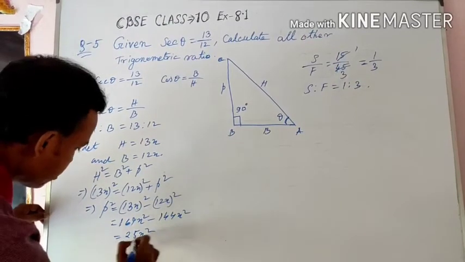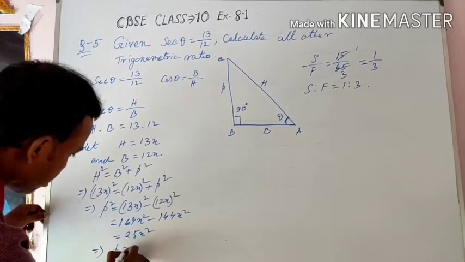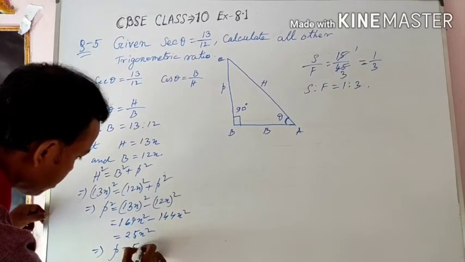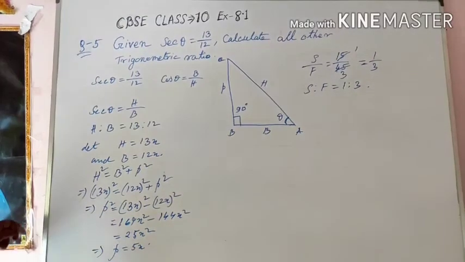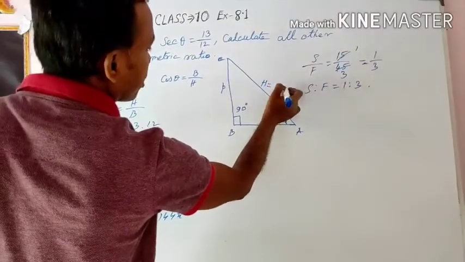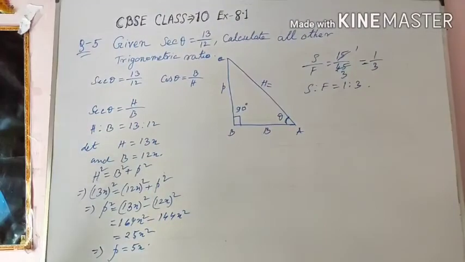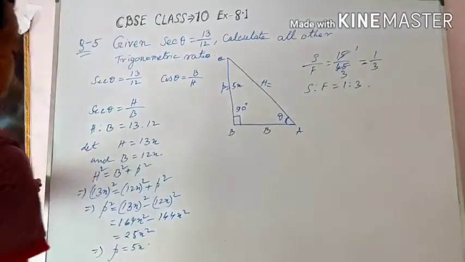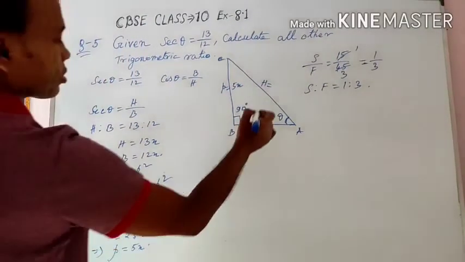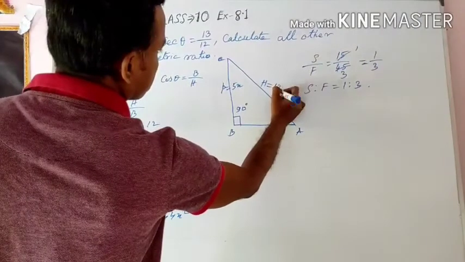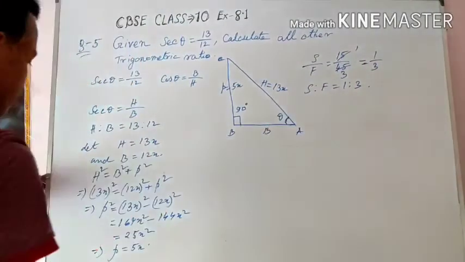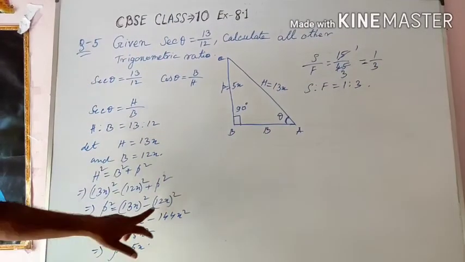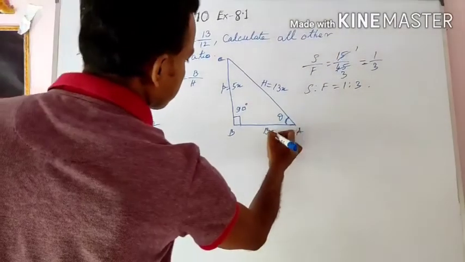Or perpendicular is equal to 5x. So here we can write perpendicular is equal to 5x, hypotenuse is equal to 13x, and base is equal to 12x.